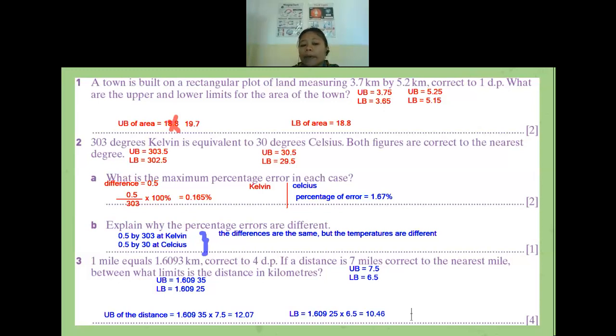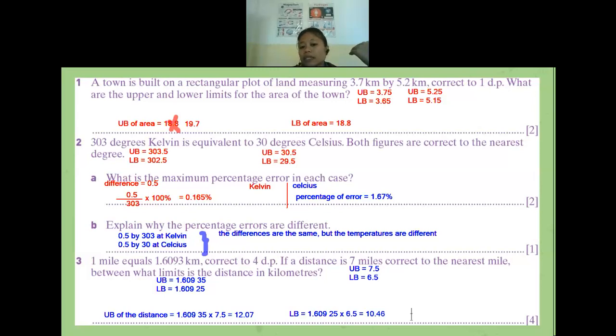And then the upper bound is 303.5. So can you find the difference between 303 and 303.5? You can just subtract them, the bigger one minus the smaller one. So the difference is 303.5 minus 303, which equals 0.5.